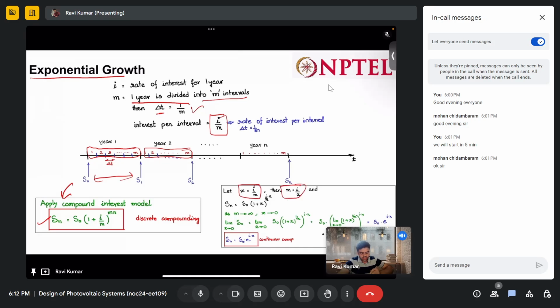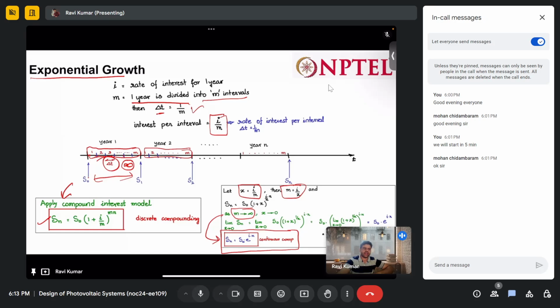Now, if m becomes infinite, we are saying that this intervaling which we are doing between two intervals, if it becomes infinite, it means we are making it from discrete to continuous. Because there are infinite number of divisions between S naught and Si, it becomes an exponential growth model. So this is the particular equation which is used for exponential growth modeling.